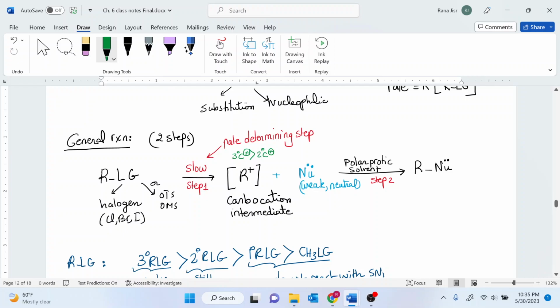Meaning that whenever you have a secondary carbocation, you need to ask yourself this question: can I make it tertiary? So you need to form the most substituted carbocation possible so that the intermediate is a stable intermediate so that you can form your product.